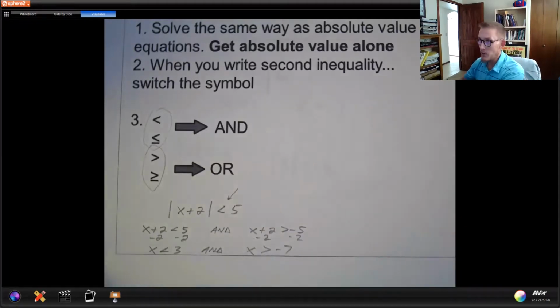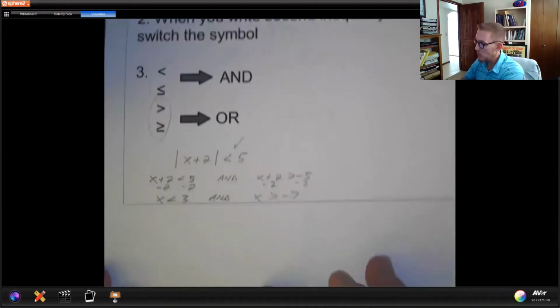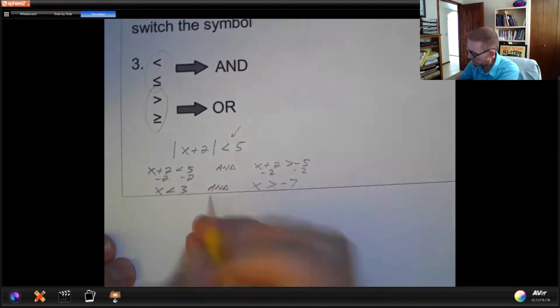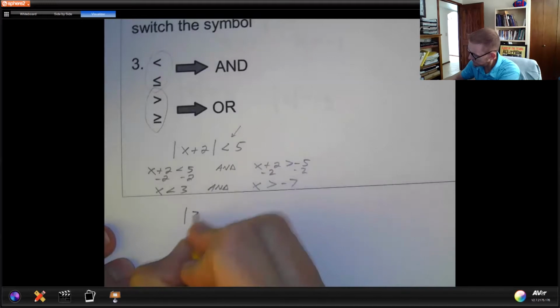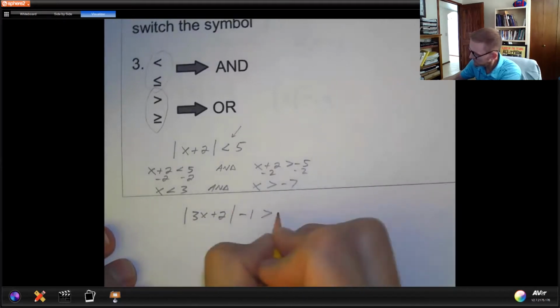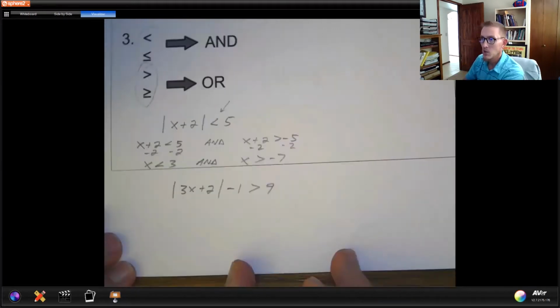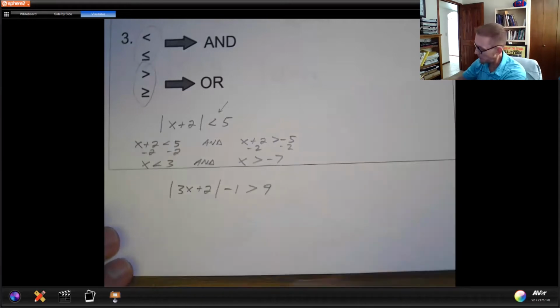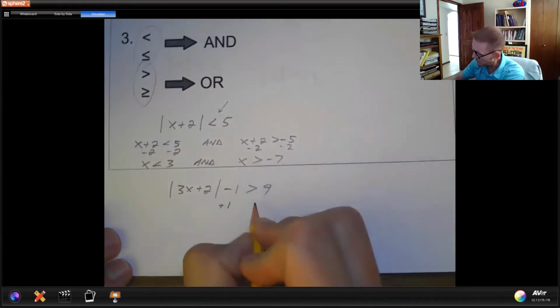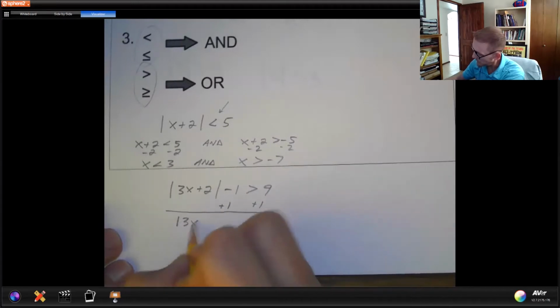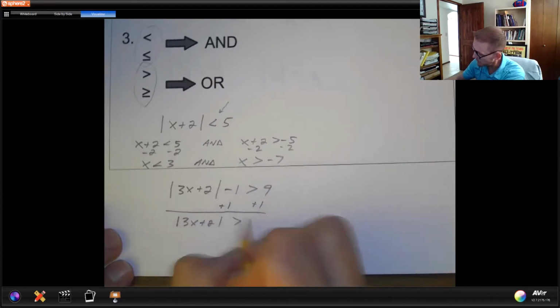Let's look at one other example for our absolute value inequalities, and let's go ahead and graph this one as well. So for this example here, my absolute value bars are not alone, so let's get them alone first. So let's add 1 to both sides. Absolute value of 3x plus 2 is greater than 10.